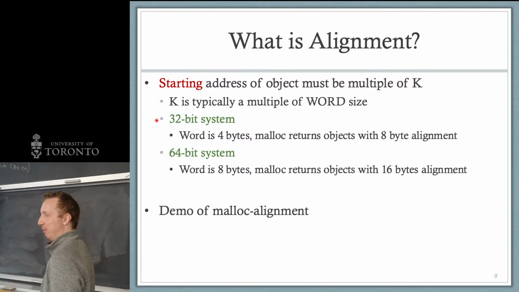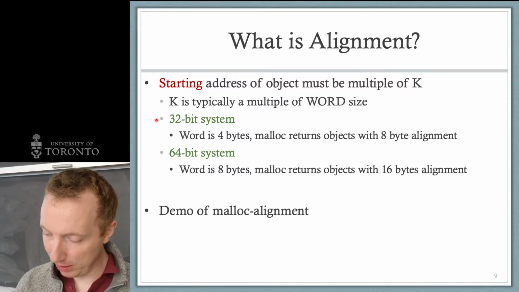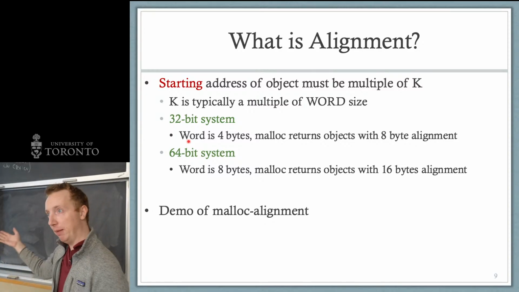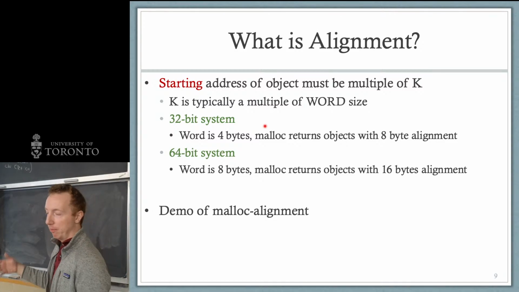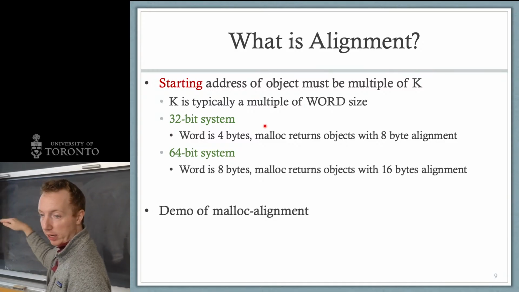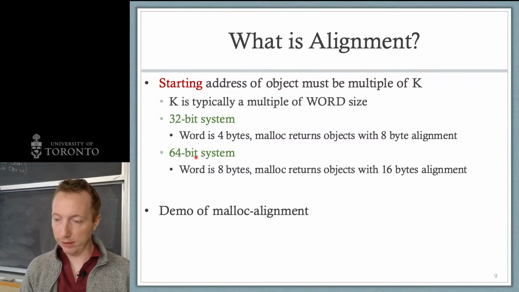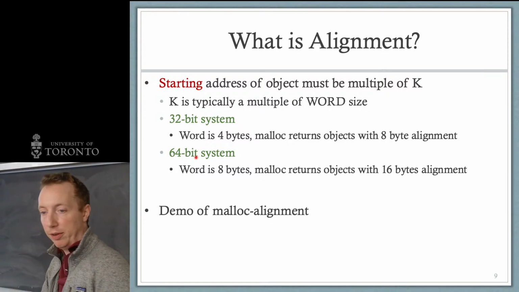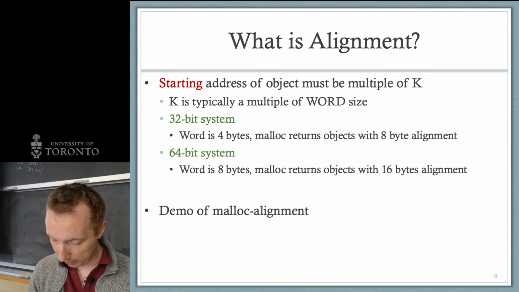That doesn't age me at all. Back then, a word was 4 bytes, 32 bits, with 8 bits to a byte, and malloc would always return things aligned to 8-byte boundaries, so double word size. On 64-bit systems, a word is 8 bytes, so malloc returned double words, and everything is 16-byte aligned.